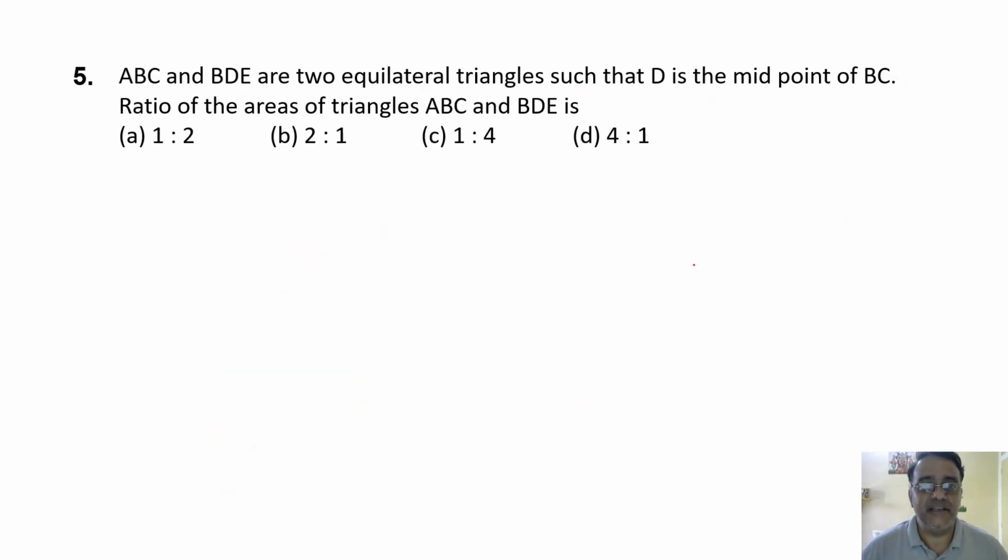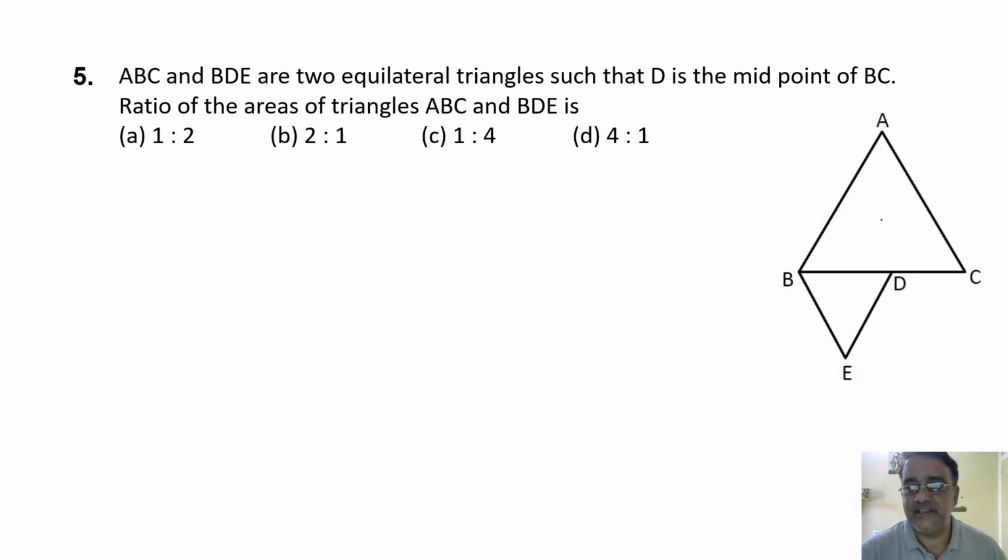ABC and BDE are two equilateral triangles such that D is the midpoint of BC. Ratio of the areas of triangles ABC and BDE is, right? So we'll make first a rough diagram. Say ABC is an equilateral triangle and D is the midpoint of BC, and BDE is also an equilateral triangle.